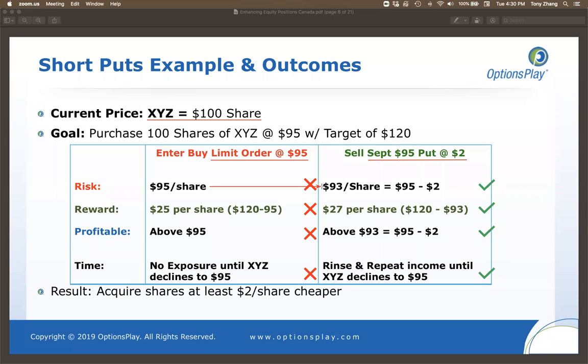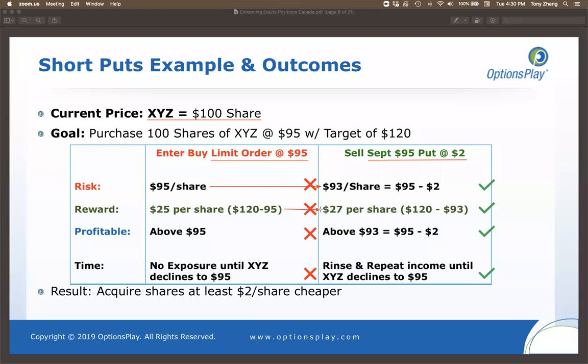Your potential reward gets larger, because with a limit order, if you buy at 95, you sell it at 120, your max reward is $25. When you sell a cash secured put, because you've received that $2 income, now your maximum reward goes from 25 to 27. So not only have I reduced my potential risk, I've also increased my potential reward.